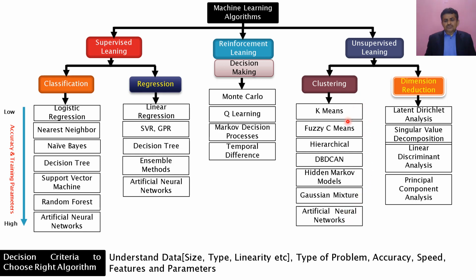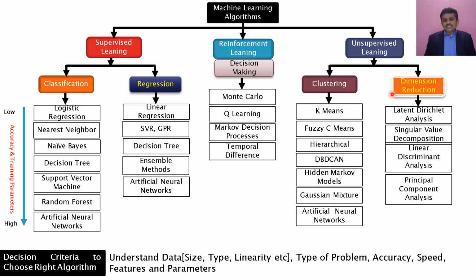All these types of algorithms can be used to perform the task of clustering. Popular clustering algorithms are k-means, which works on the principle of means of the data, hierarchical clustering, DBSCAN, and artificial neural networks.